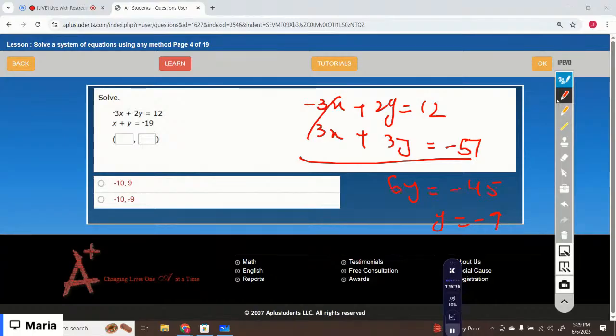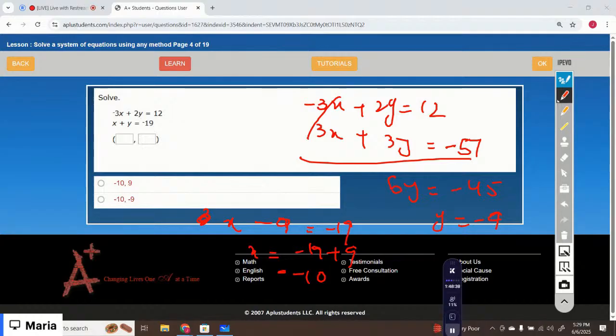Let's substitute the value y equals negative 9 in the equation. That is x minus 9 equals negative 19. So x equals negative 19 plus 9, that is negative 10.